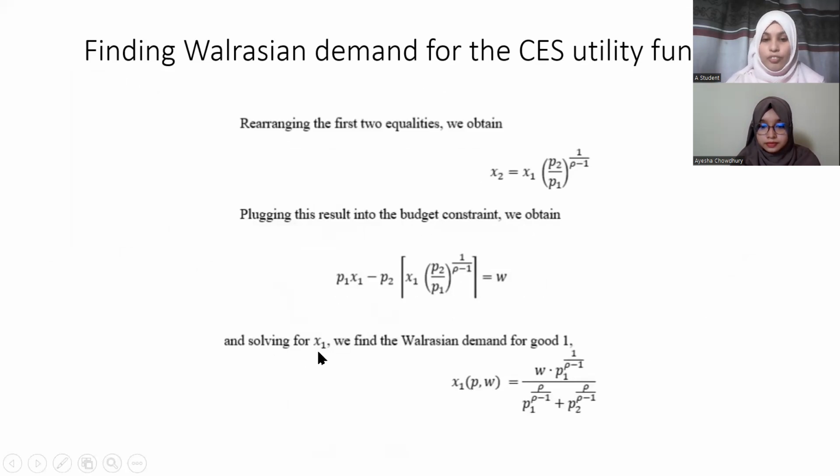Solving for x1, we find the Walrasian demand for good 1 is x1 equals w p1^(1/(rho-1)) divided by (p1^(rho/(rho-1)) + p2^(rho/(rho-1))).